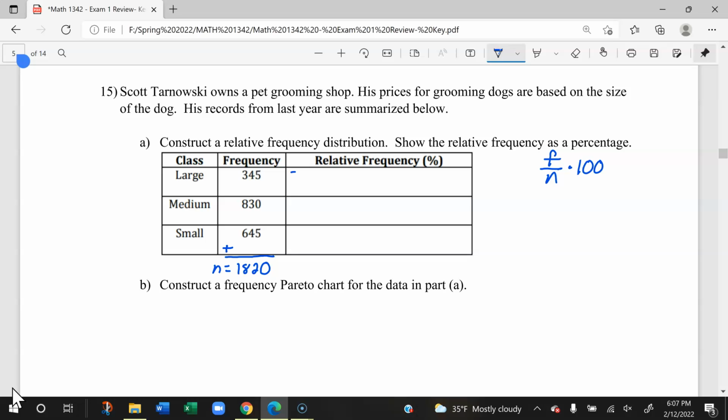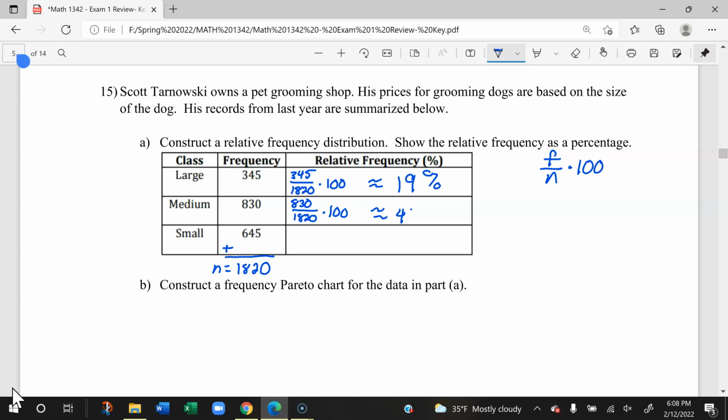We're going to take 345 divided by the 1820, multiplied by 100, and that's going to be approximately 19% when we round. We'll do the same thing with the 830 divided by the 1820 times 100.